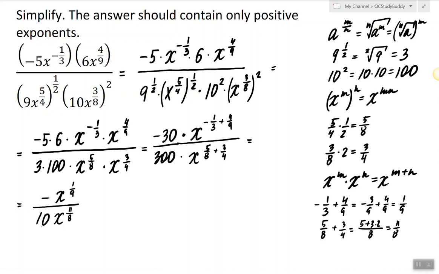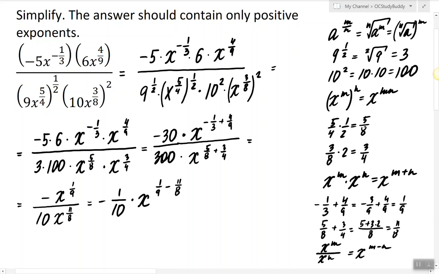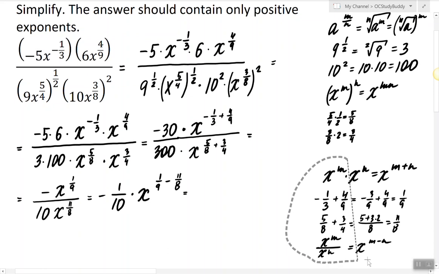Now we can simplify it further by using this property, that x to the power m divided by x to the power n is actually equal to x to the power m minus n, and therefore what we have can be written like this: negative 1/10 times x to the power 1/9 minus 11/8. 1/9 minus 11/8 can be computed.